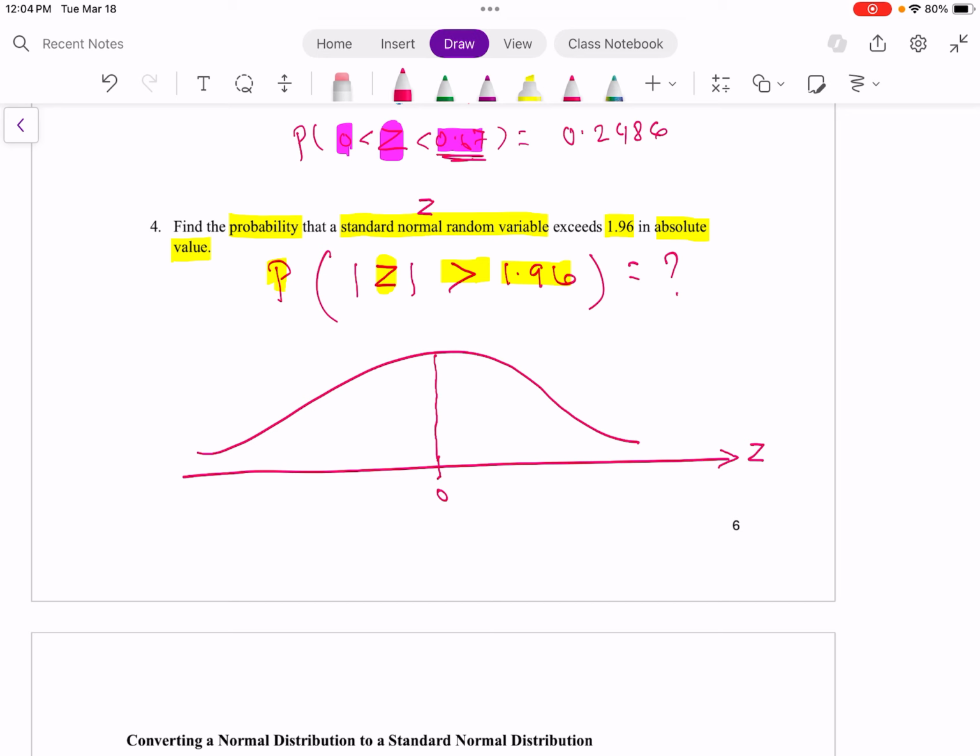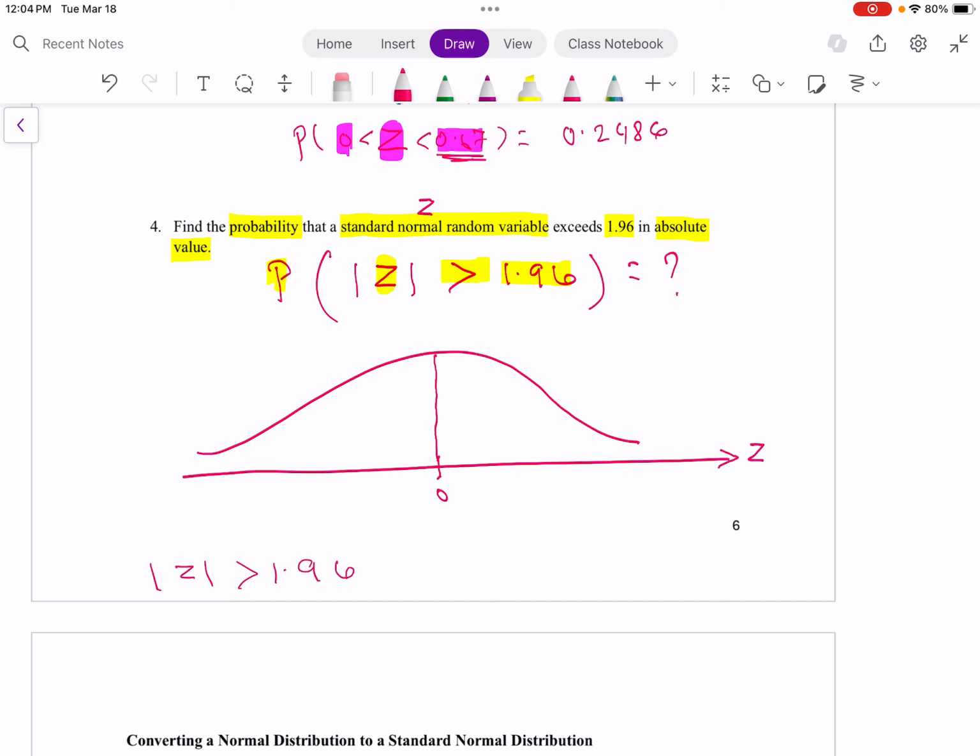Now here we have the probability of the absolute value of g. How do we get rid of this absolute value of g, or how can we rewrite this? What does it mean by the absolute value of g greater than 1.96?